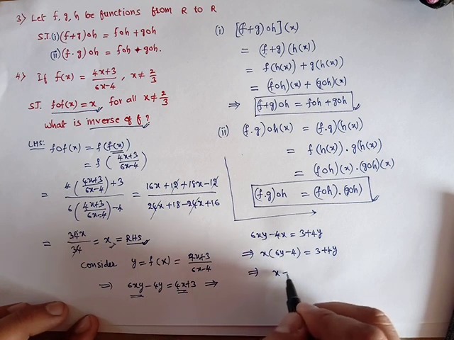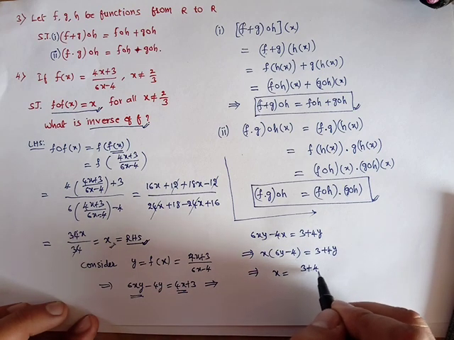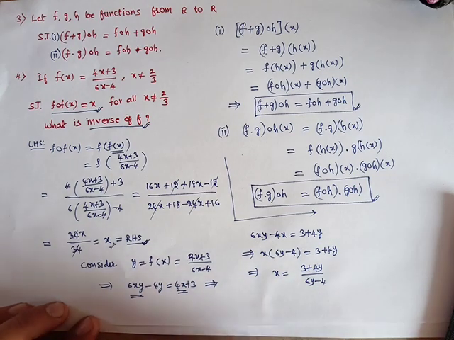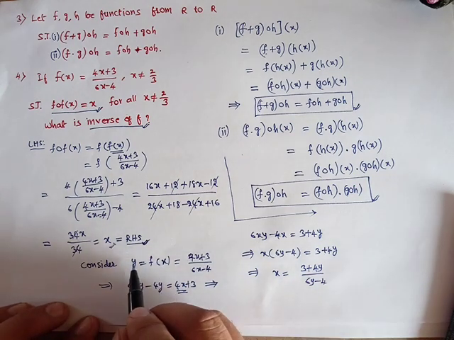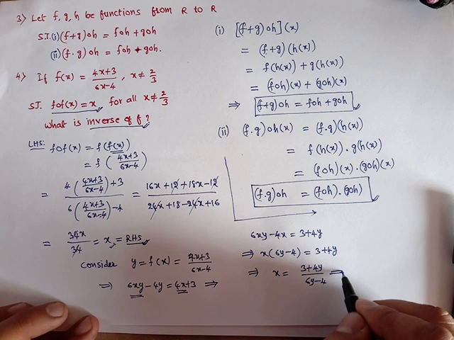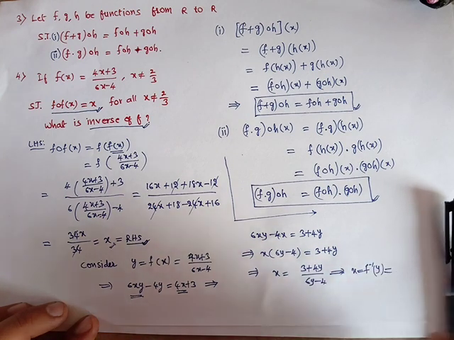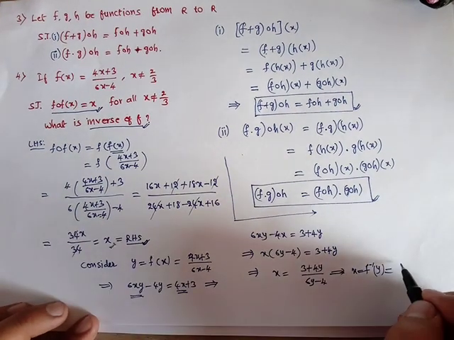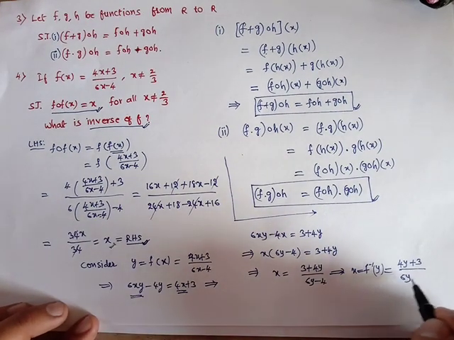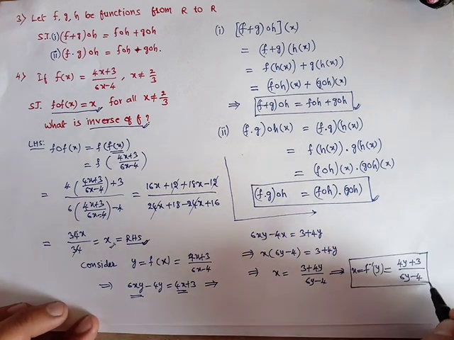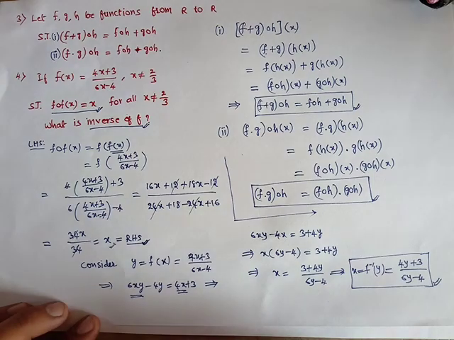This implies x = (3+4y)/(6y-4). So what is your x now? x is nothing but f inverse of y. So x = f⁻¹(y) = (4y+3)/(6y-4). So consider this as the inverse of f.